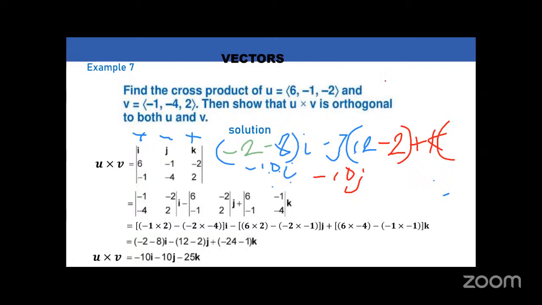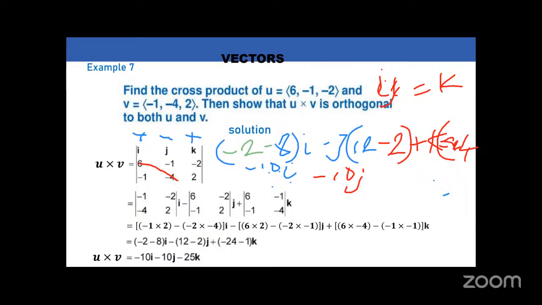To find a K, it means I multiply I and J. So this is I and this is a J. If I multiply them both, it will give me a K. So I take the diagonal multiplication. 6 times minus 4 is minus 24.